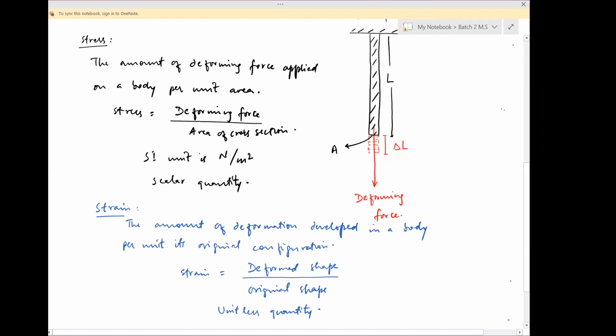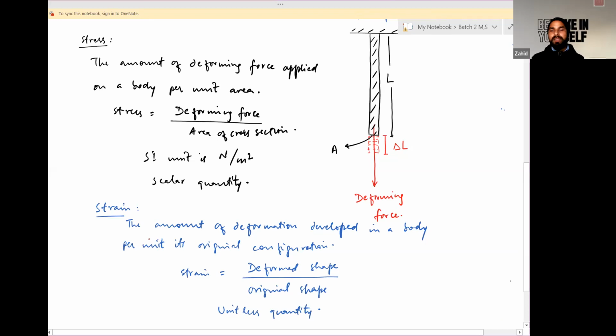So could you please repeat the definition of strain? Strain is basically the calculation of the amount of deformation with respect to its original configuration. So it is just a ratio.